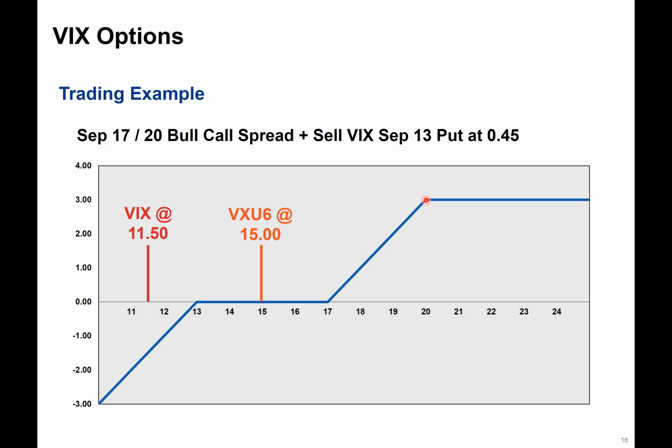Now, the thing is, when you see trades in the option market, they are very rarely done in a vacuum, which means they tend to be combined with other positions. Typically, if you're trying to set up for a big move in VIX to the upside, you're setting that trade up because you're concerned that the S&P 500 may sell off.